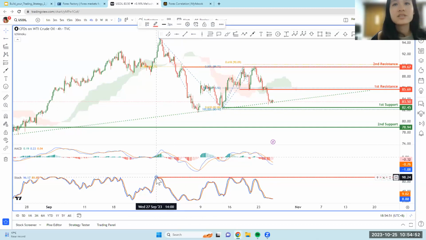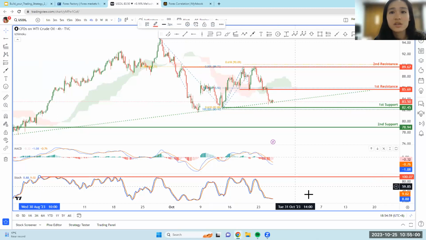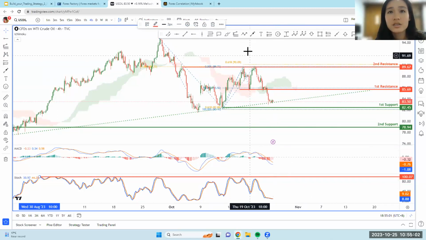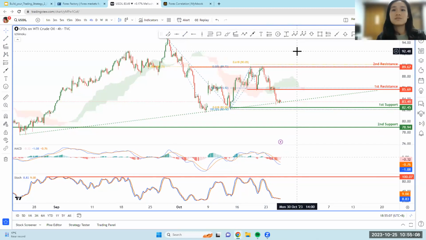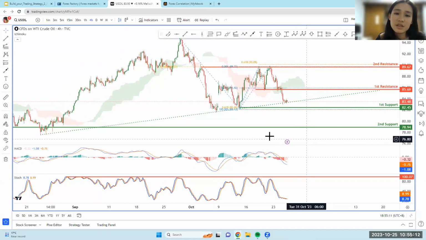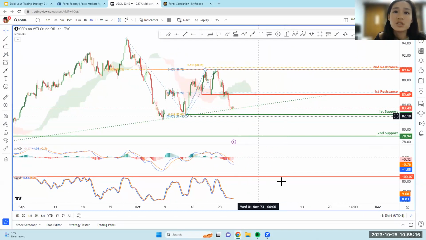On stochastic, you can see this hidden resistance that we talked about earlier, and we see that price has made a lower low here. So this means we can expect price to continue to drop.